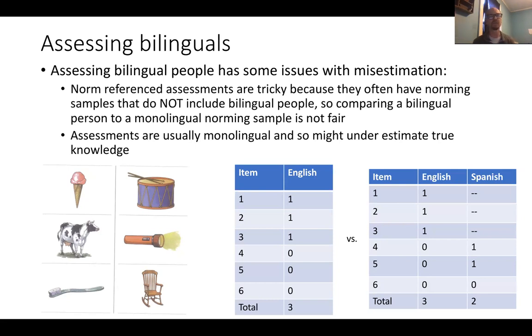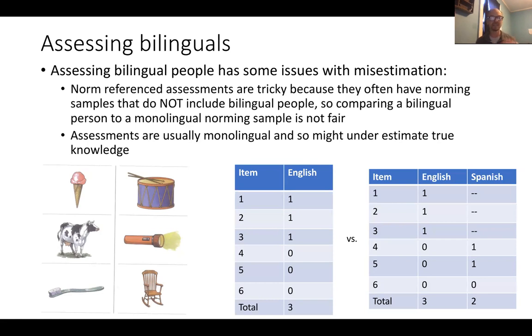So now moving into assessing bilinguals, assessing bilingual people. And this has some issues with misestimation. So norm referenced assessments, those are tricky because here's the first part. Their norming samples typically don't include bilingual people. That has been the case typically in the past.